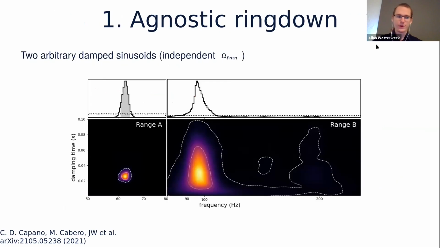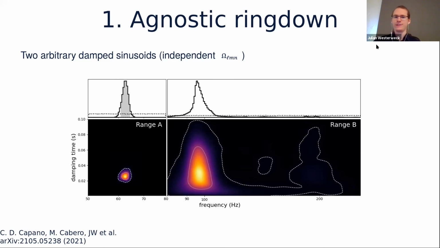So for the first analysis, that is the agnostic one, we have these two arbitrary damped sinusoids, and we divide the data up. So we divide the parameter space up into two frequency ranges. We do this because otherwise the two damped sinusoids in the model waveform would switch their mapping between the data features that they find and the particular part of the model waveform.